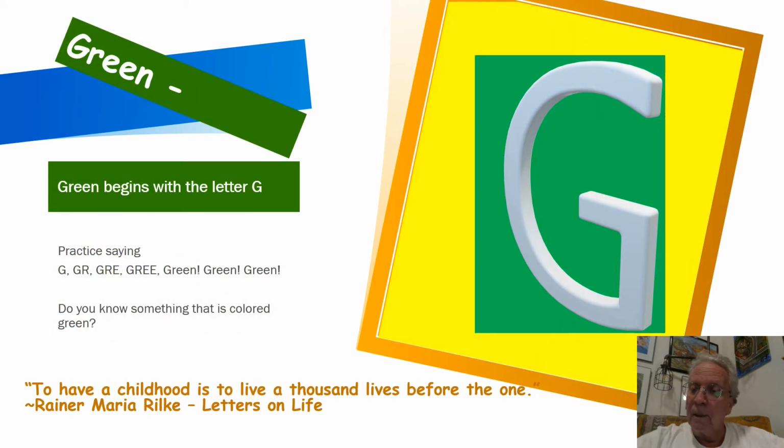How about that? Green. Okay, so green starts with a G. And green is a primary color or a secondary color? Which is it? Ooh, put those thinking caps on. It's a secondary color. Remember, we took blue and yellow, and we came up with green. That letter G is the first letter in green.